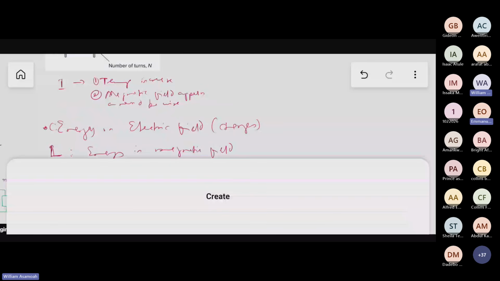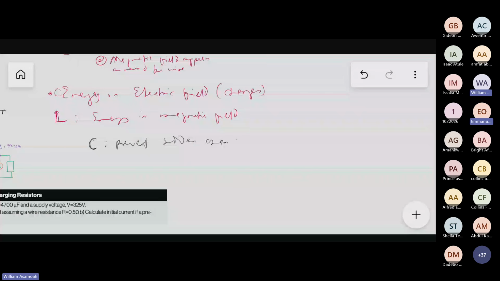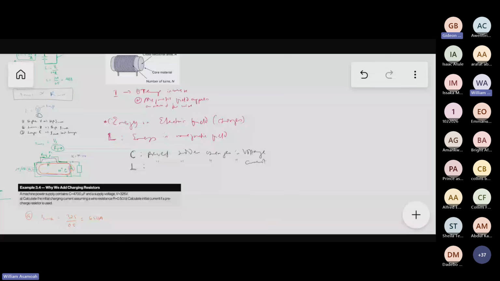We said that capacitors prevent sudden changes in voltage. Then inductors prevent sudden changes in current. Do we understand?